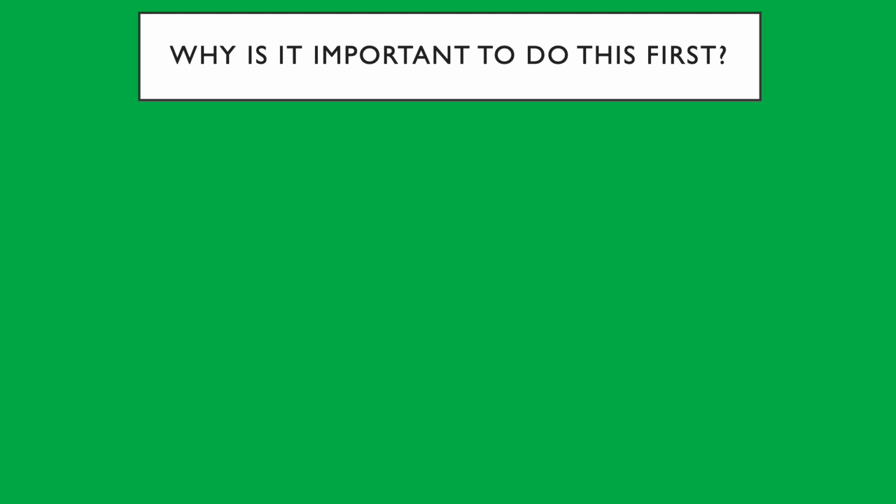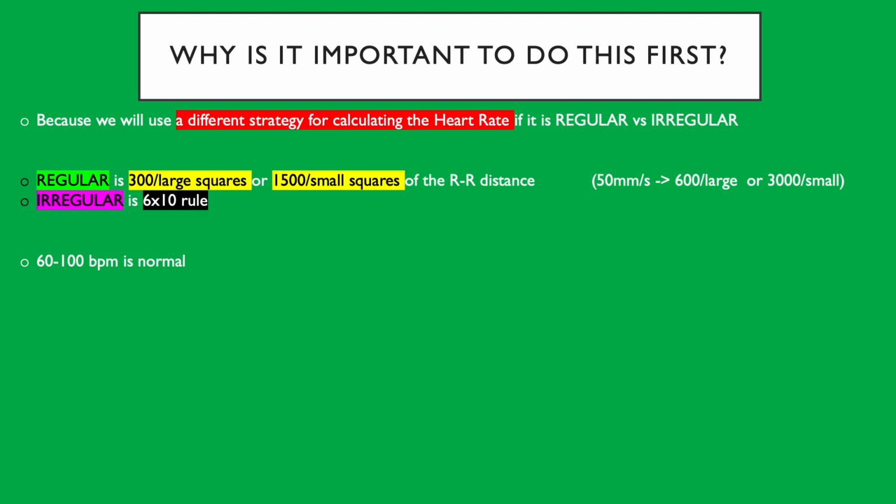So why are we doing the rhythm first and not the rate? Because of the calculation, basically. You have regular and irregular, and you have different calculations of the rate. If it's regular, you can use 300 divided by large squares or 1500 divided by small squares.